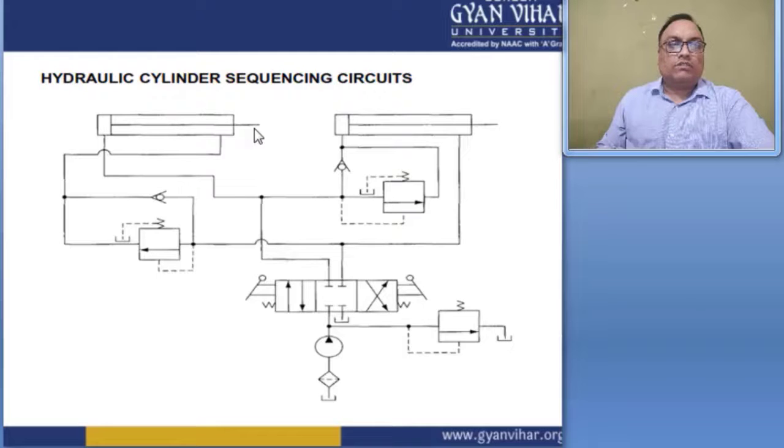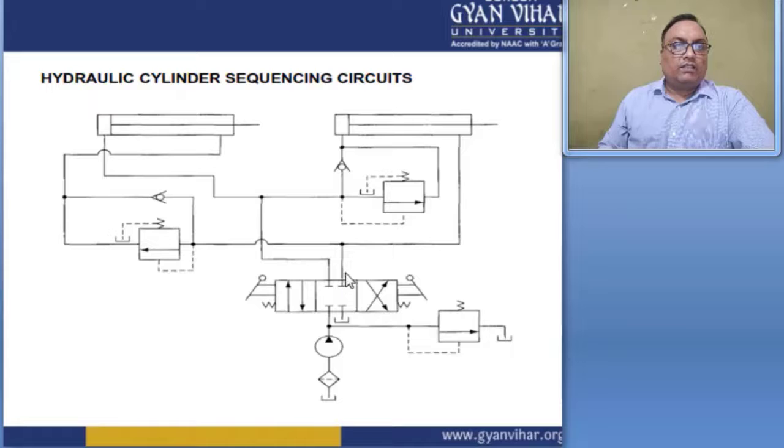So if the direction valve is shifted to the right envelope, suppose this is the left envelope and this is the right envelope, the fluid is sent in this line.